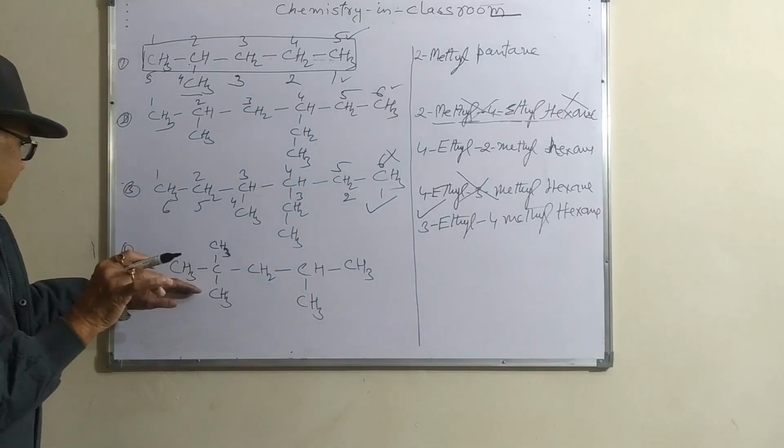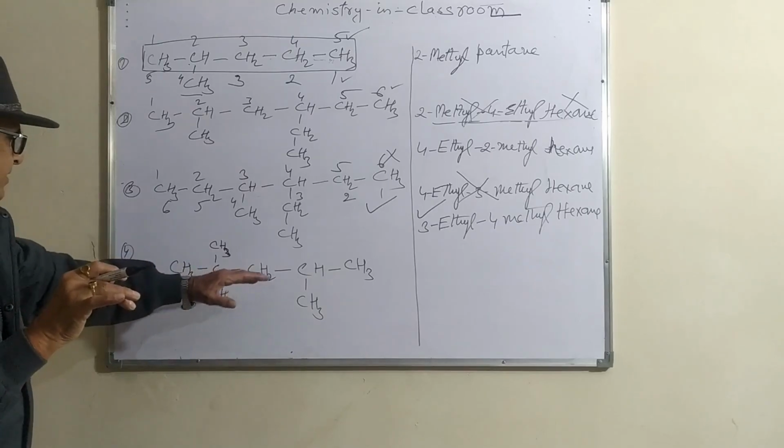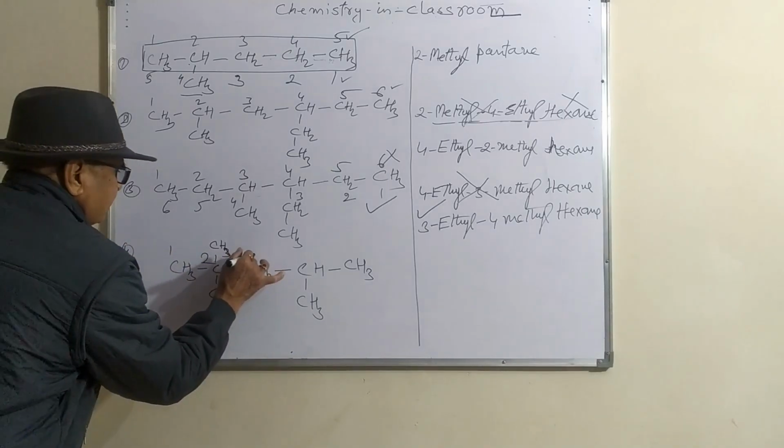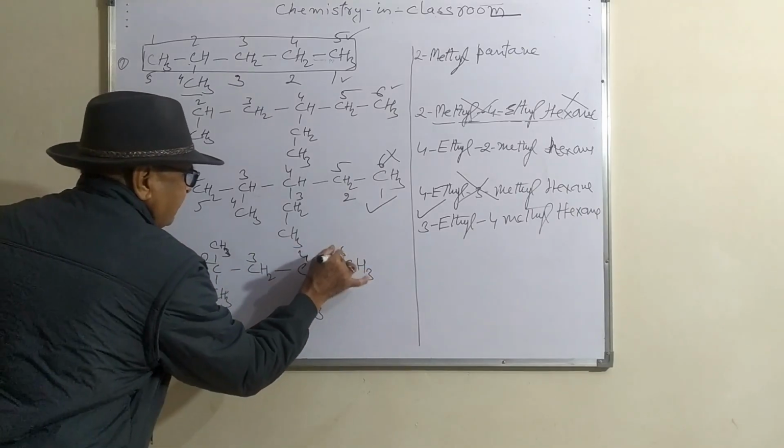And here in this case, CH3. So right here you will start the numbering from here: 1, 2, 3, 4 and 5.